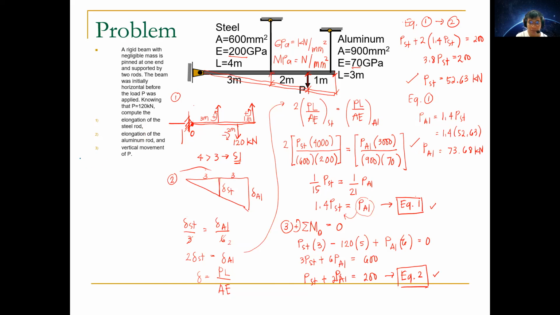So the next step is to apply the constraints. The elongation of the steel rod would be PL over AE.